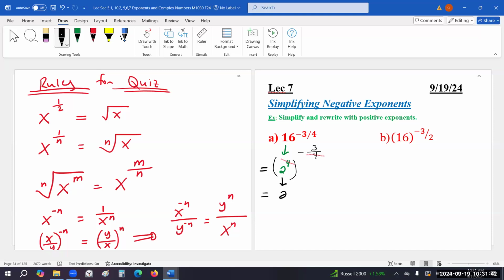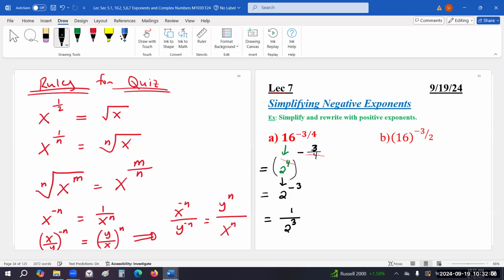Math is one of the cool subjects. So we are left with -3 on the top. And now we are going to convert -3 into +3. How? Turn it into a fraction. So what goes on the top? 1.